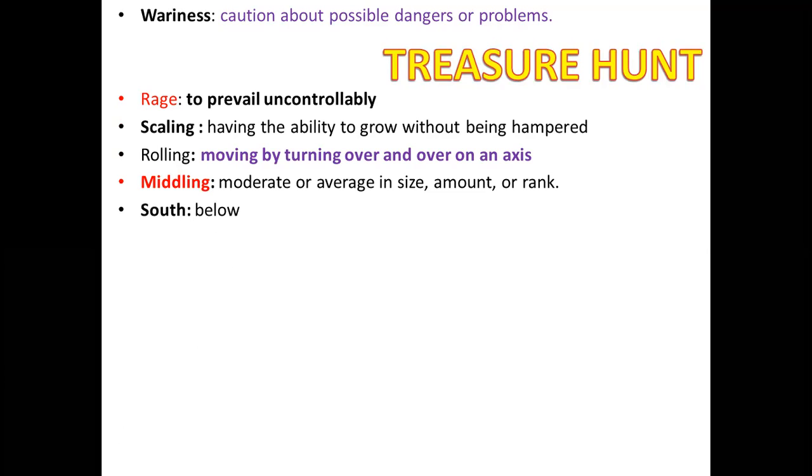South, don't confuse it with the south, north direction. Here south in the sense means below. Barring means except for. If, suppose, you are barred from entry into a stadium, you are not allowed.